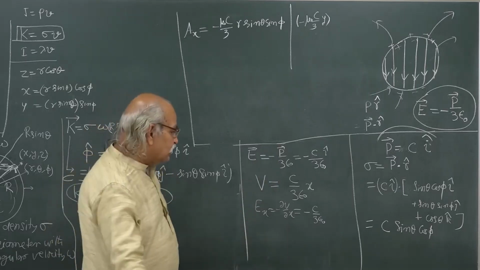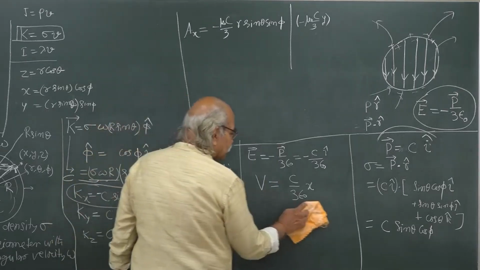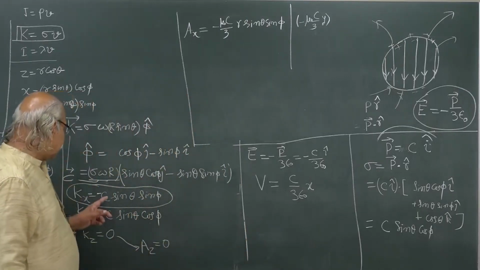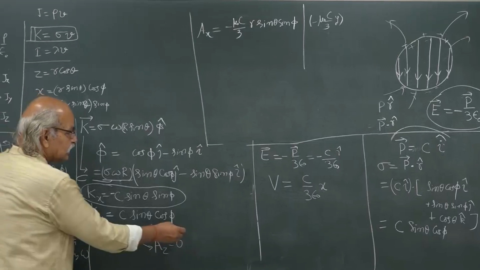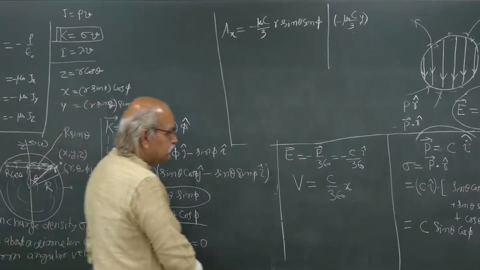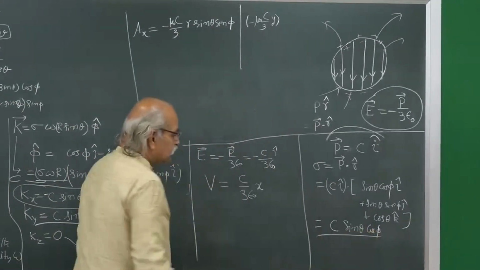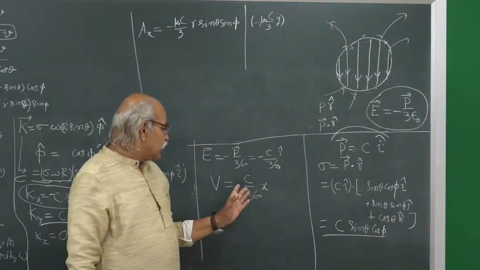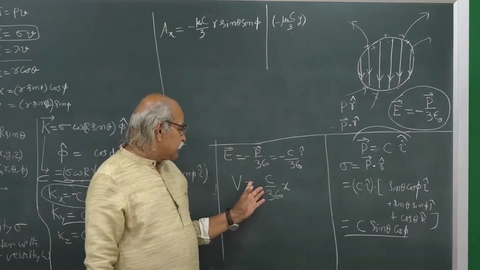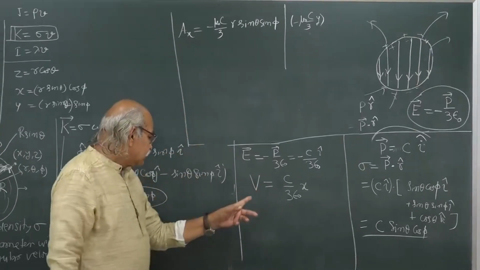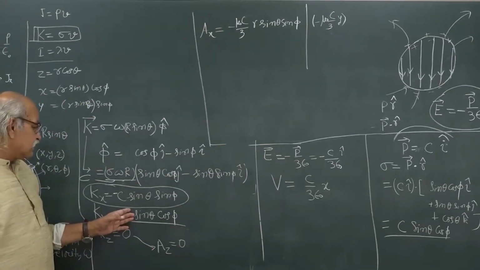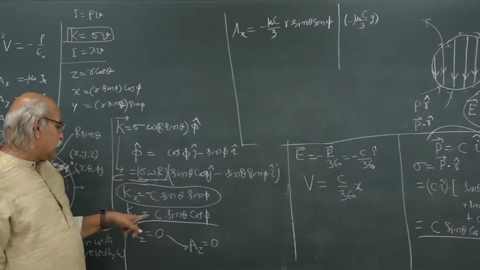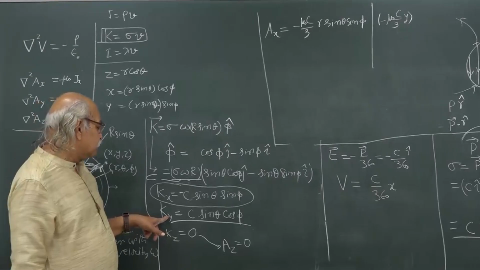So, we know the potential now, and therefore, we can immediately write this Ay. For this surface charge density, we are getting this as the electric potential, and therefore, with this current density, the same expression will give me the y component of the magnetic vector potential.